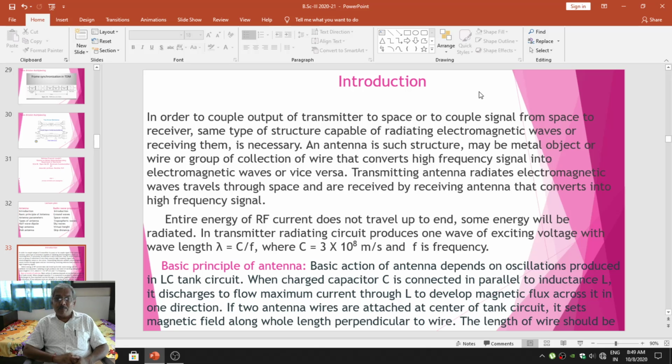Friends, when a radio frequency signal is converted into electromagnetic radiation, it travels in the form of a wave that contains the energy in the form of the signal to be transmitted, even though some amount of energy is wasted during the traveling process.